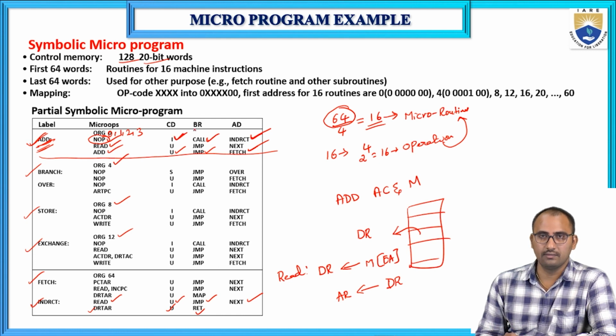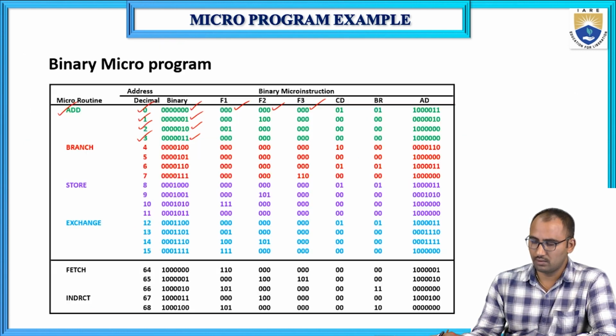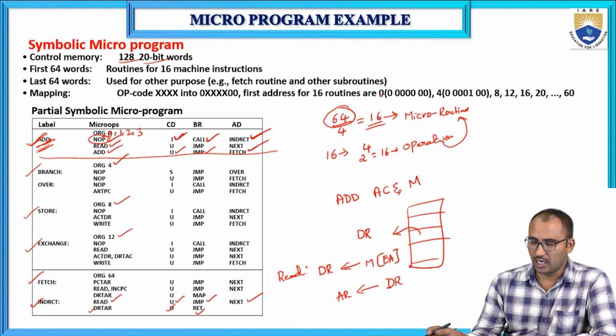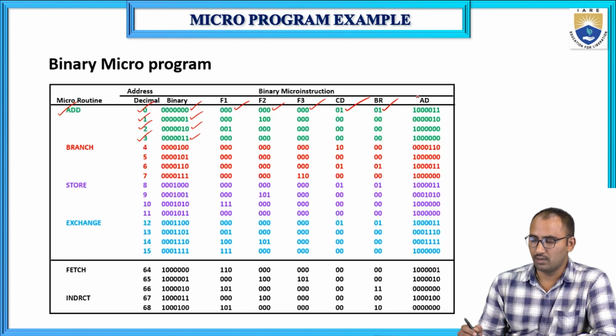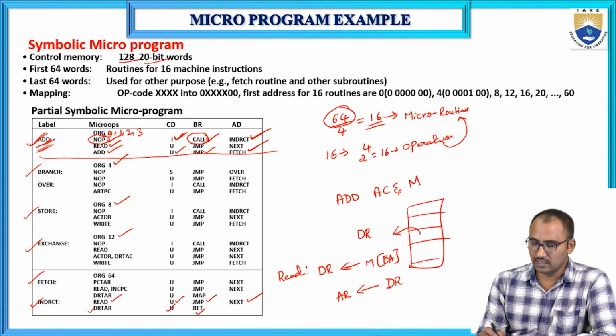I, indirect. Indirect means 0, 1. Next, branch type. What is the branch type? Call. For call, it is 0, 1.